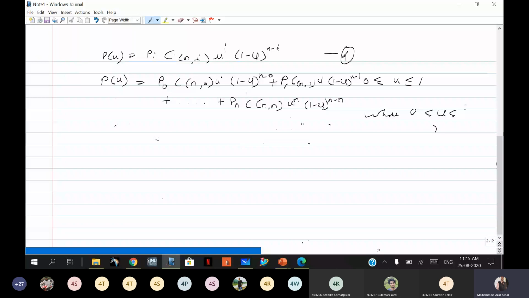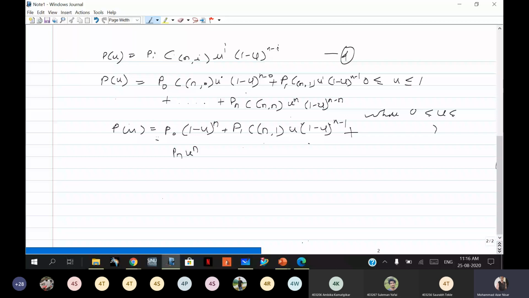Now substituting this value in equation numbers 2 and 3, we'll get P(u) equal to P0 (1 minus u) raised to n plus P1 C(n, 1) u (1 minus u) raised to (n minus 1) plus so on up to Pn u raised to n.